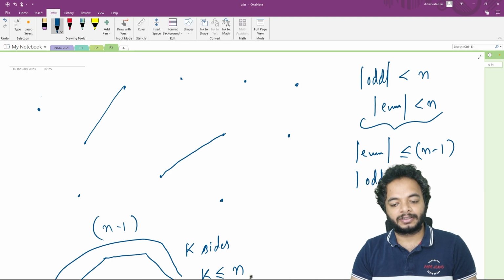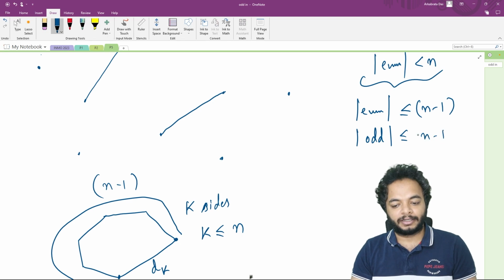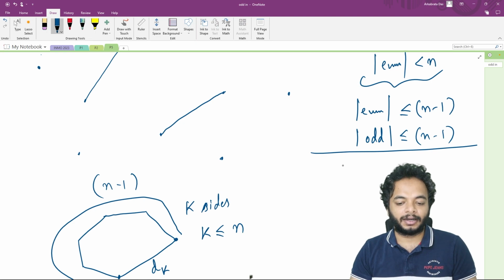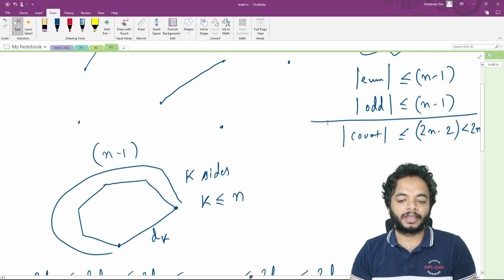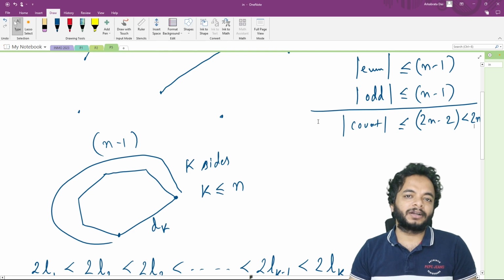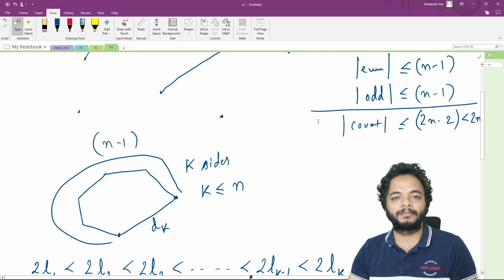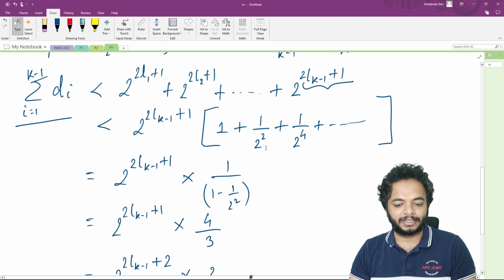Similarly, you can prove that the odd count is lesser than or equal to n minus 1, and when you sum it up, the total count is lesser than or equal to 2n minus 2, which is strictly lesser than 2n, of course. I leave the odd part to you, a very similar approach, so just try it out. We are done with this problem as well.